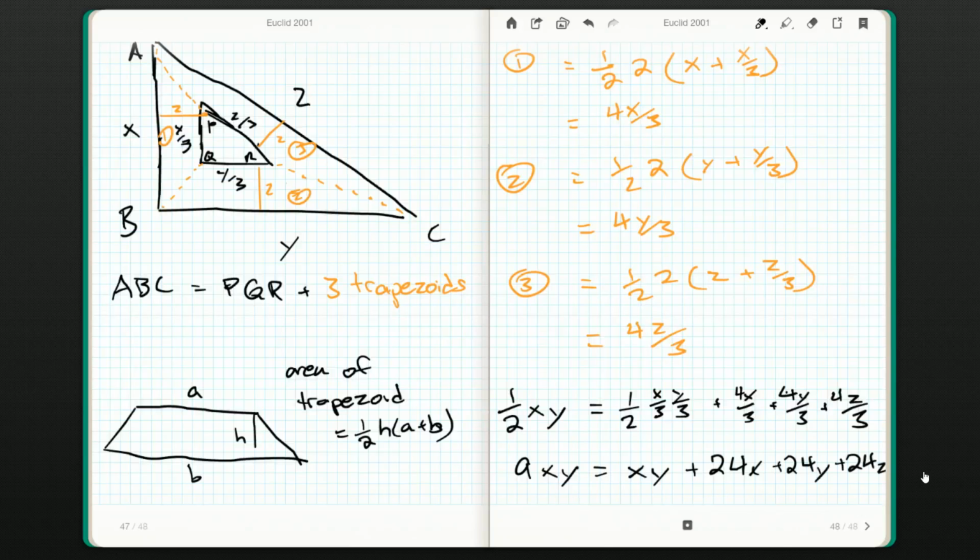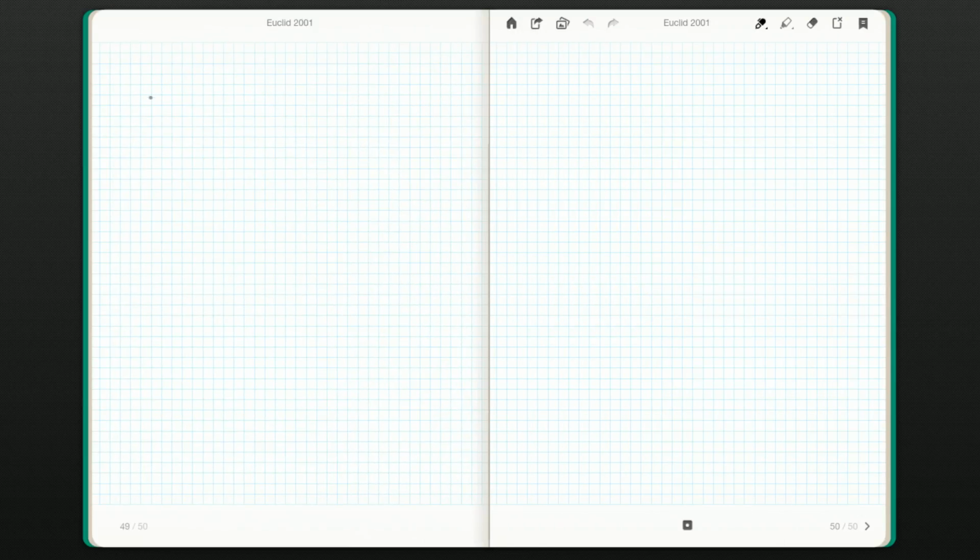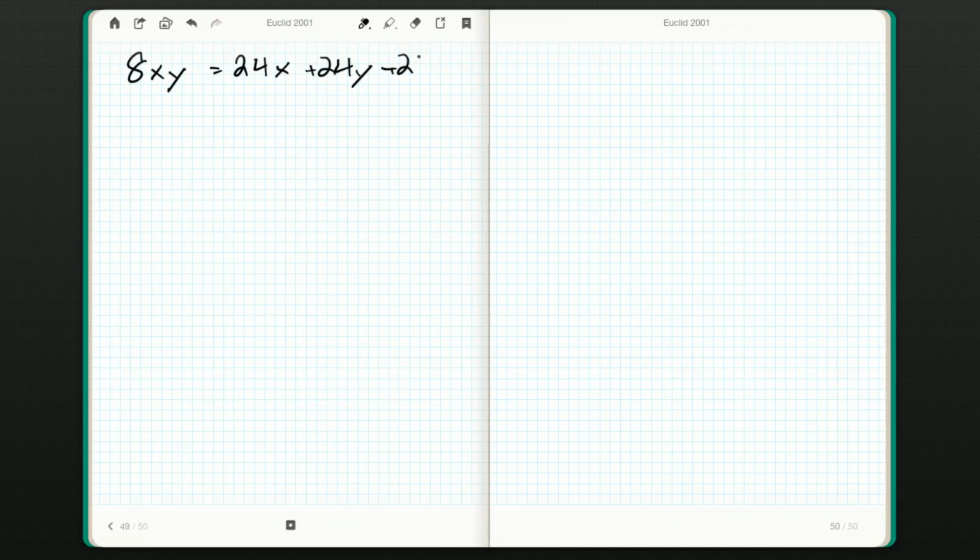So, what else can we do? Well, we can bring the two xy's over together, so we get 8xy is 24x plus 24y plus 24z. I guess we can divide by 8. xy is equal to 3x plus 3y plus 3z. And now I think it might be a good time to substitute in something to get z.